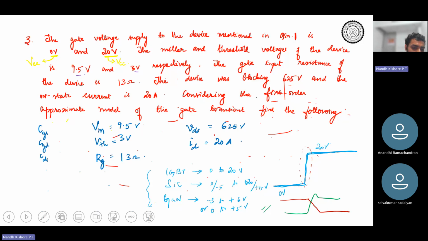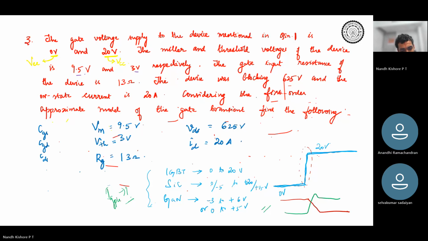IG peak, in which case would it be lower? Can you tell?